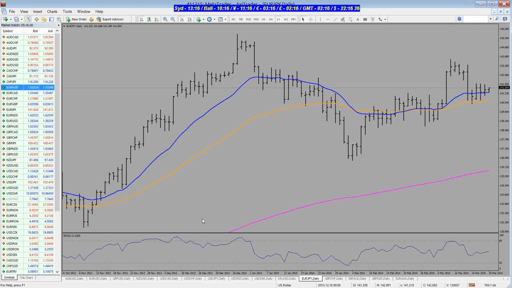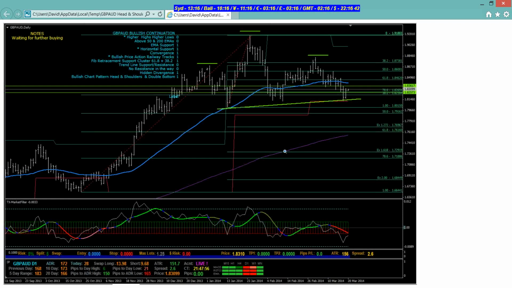Pound Aussie, trading a head and shoulder pattern. Well, yeah, that's your head and shoulders, yes. There's your neckline, or so to speak. It's actually this one here. It's from that before it makes the head and after it makes the head is the neckline.